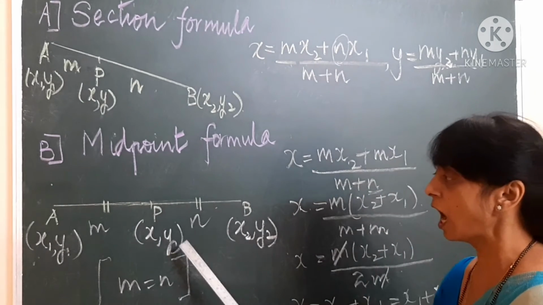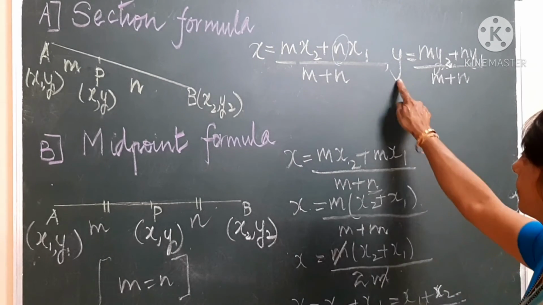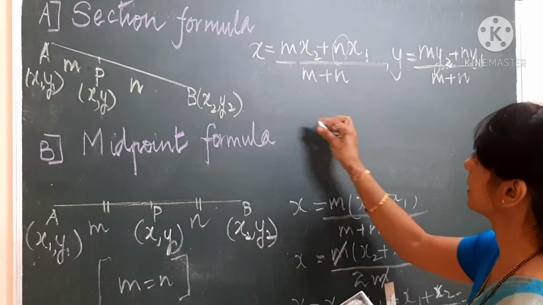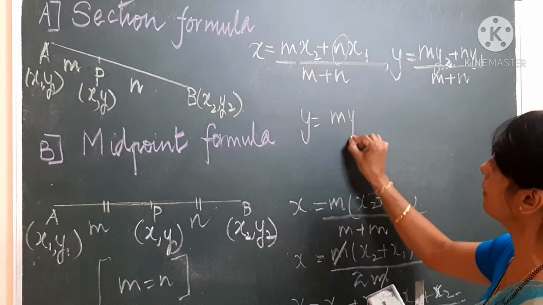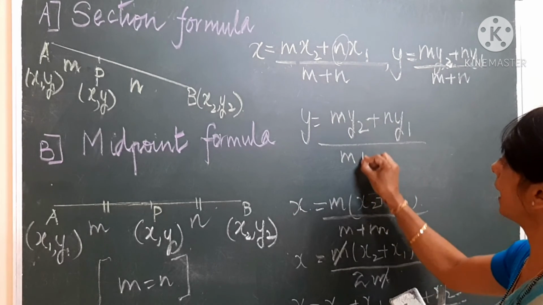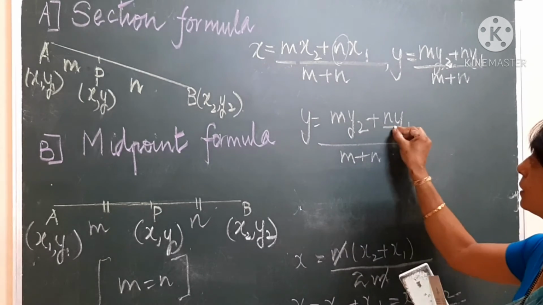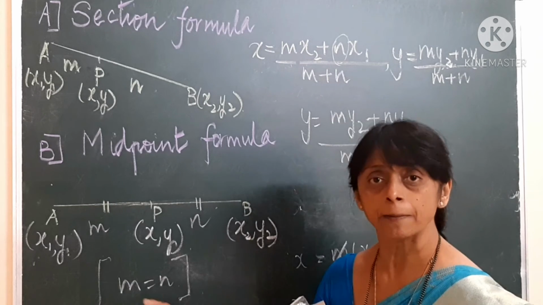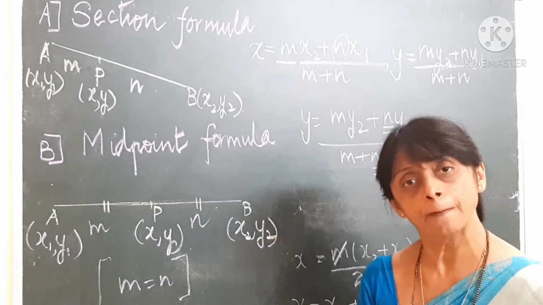Let's find out how do we calculate the value of y. So let's use the formula to calculate y. So y, by using section formula, is my2 plus ny1 upon m plus n. Again, let's substitute in place of n the value of m, because m and n are equal, as P stands as the midpoint.